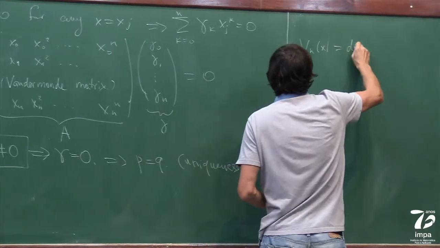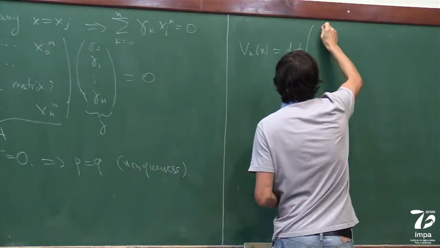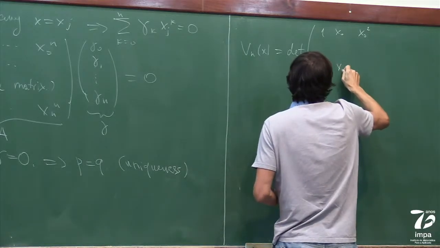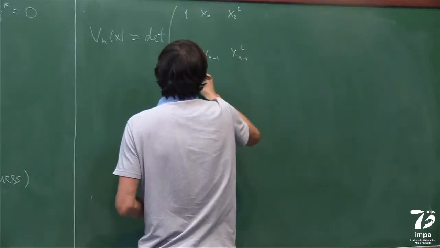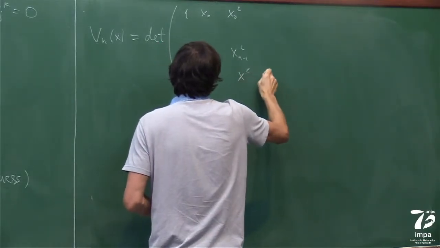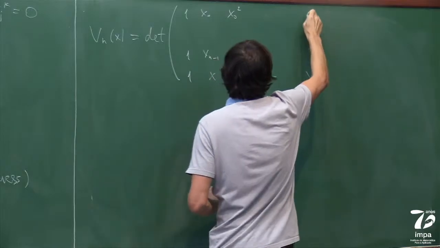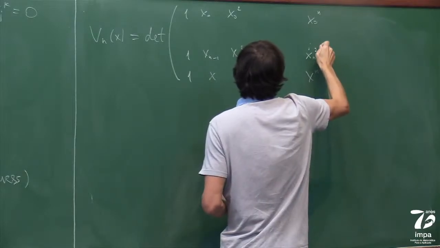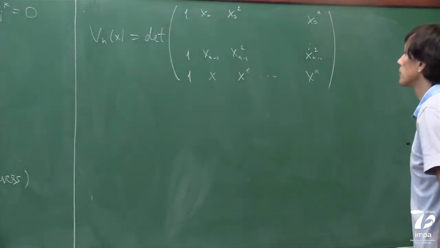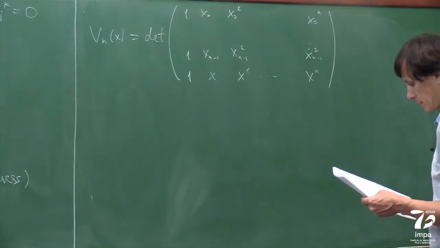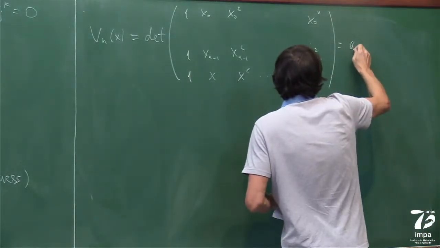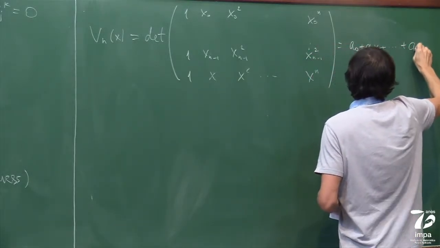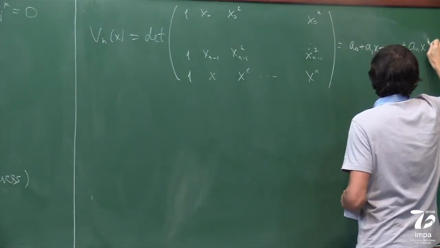So it will be the determinant of this matrix, but in the last row you just put x. The determinant of this matrix is of course a polynomial, right? So this is a0 plus a1x plus ... plus an x to the n.